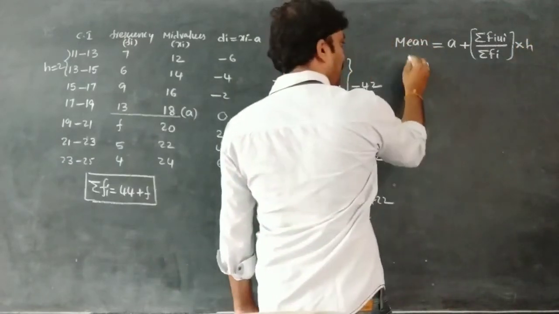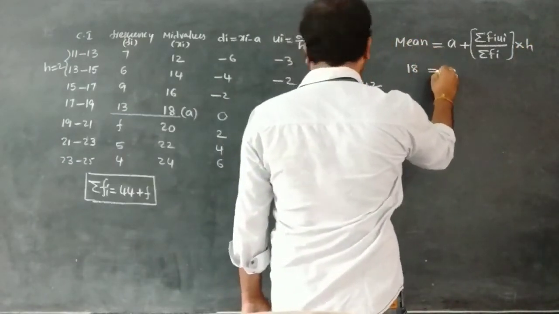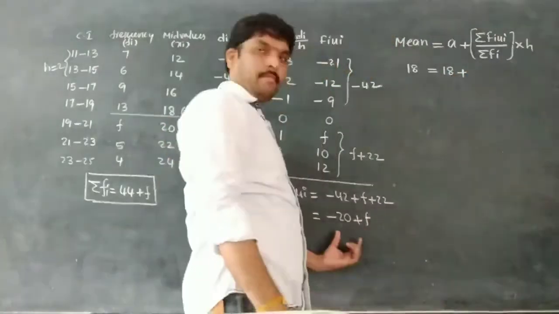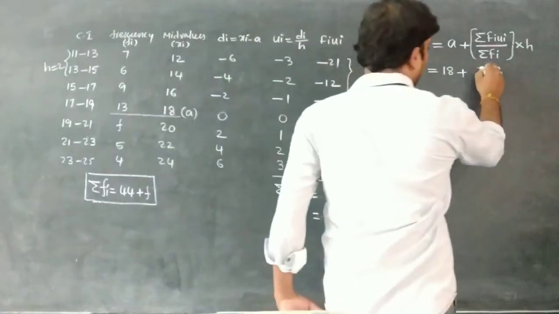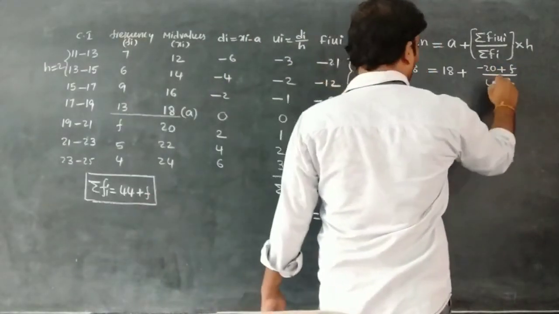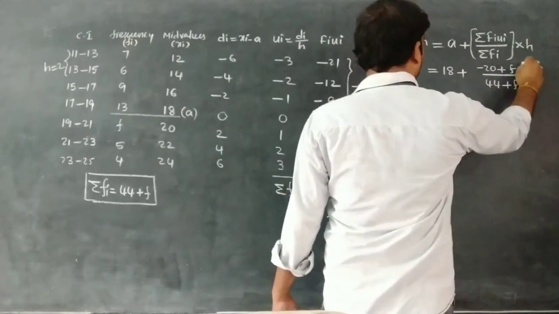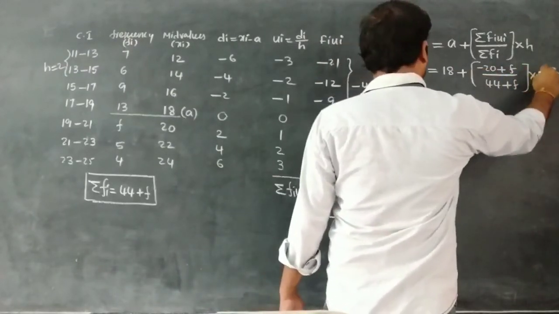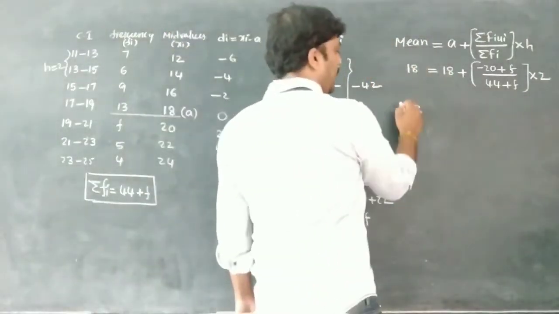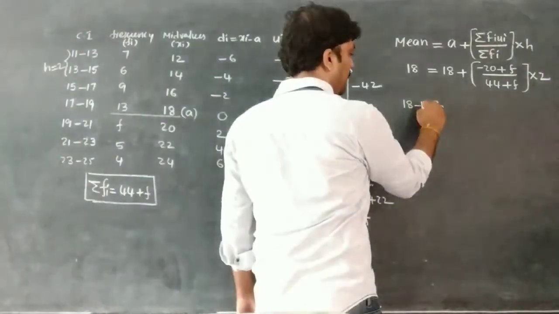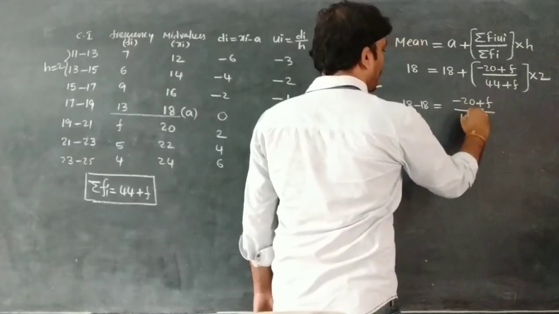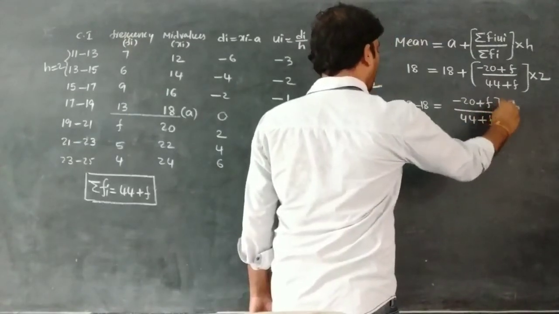But the given mean is 18 and the a value is 18, plus sigma fi ui, minus 20 plus f, by sigma fi, 44 plus f, into the h value 2, the size of the class interval. Plus 18 take this side, 18 minus 18. Remaining is minus 20 plus f by 44 plus f into 2.